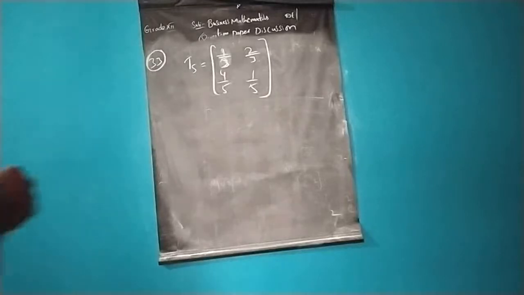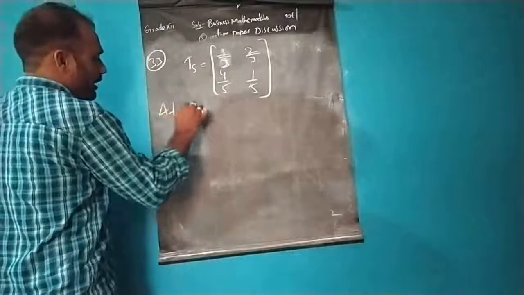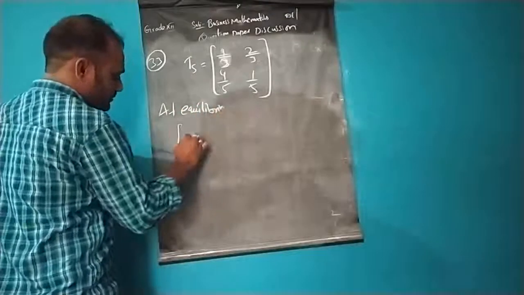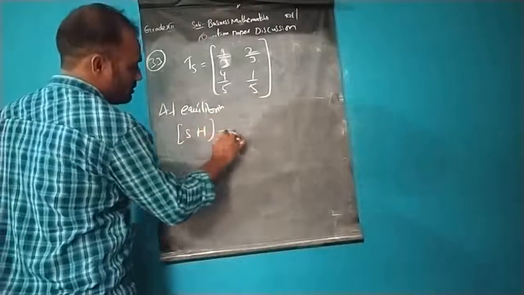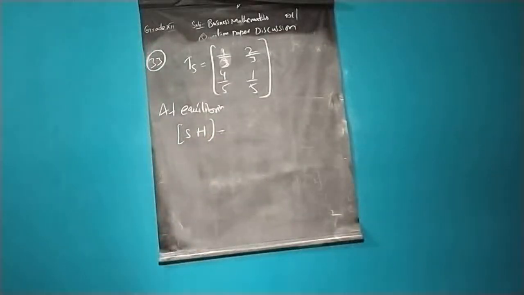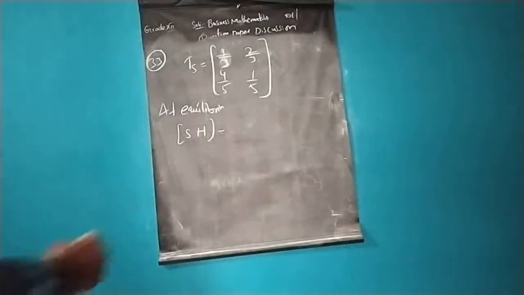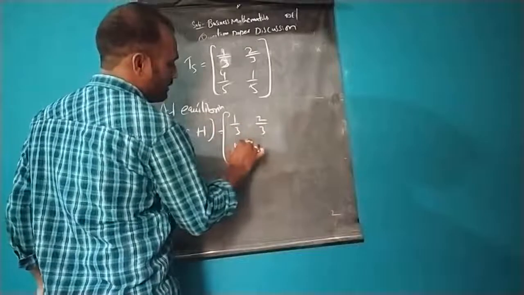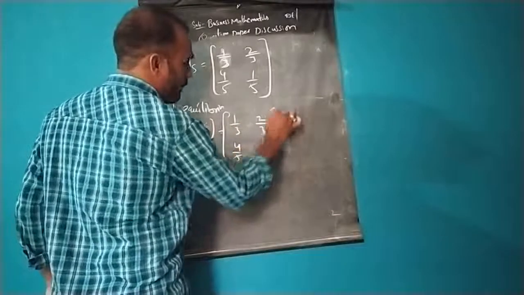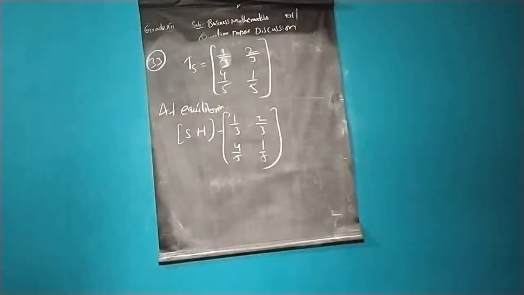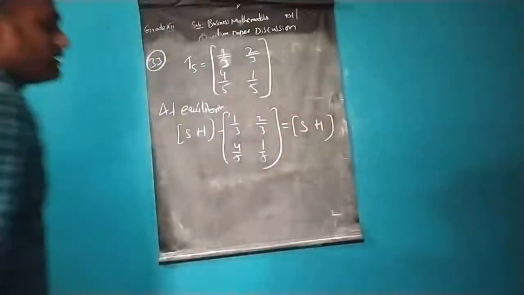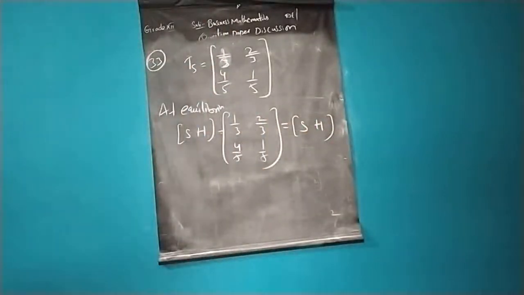So at equilibrium conditions, F H, that is 1 by 3, 2 by 3, 4 by 5 and 1 by 5 is equal to F H. So sad or happy.